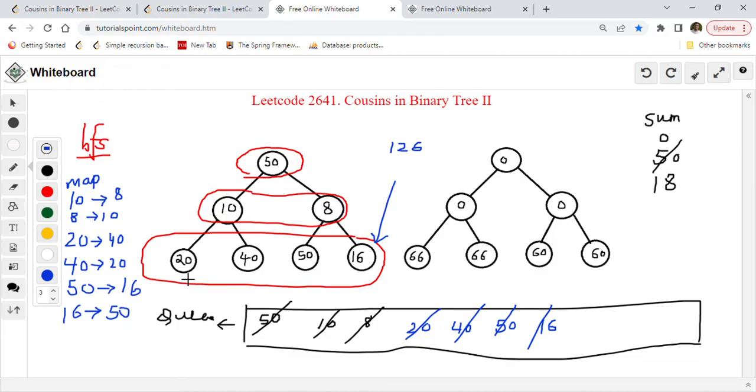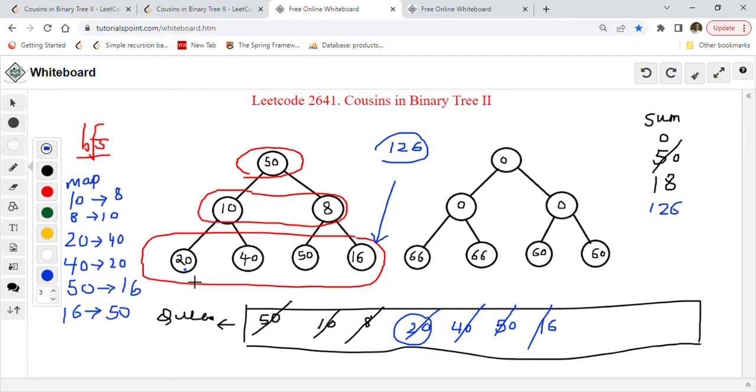Okay, now you will start processing them, right? You will start processing 20. Now you know the sum of this total nodes, 126, which is the current level sum basically, right? Now you know that 20's brother is 40 because of the map.